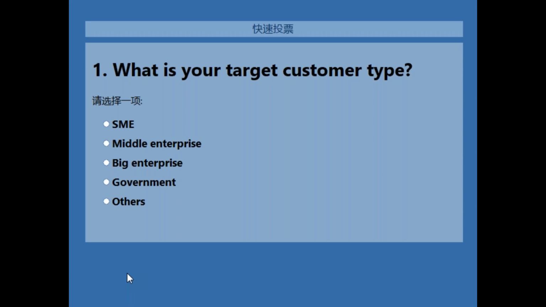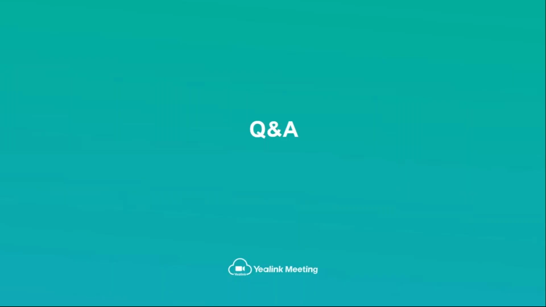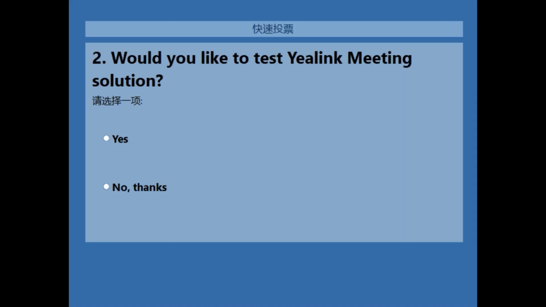The first question is, what is your target customer type? There are 5 selections. The second question is, would you like to test the Yealink Meeting solution? Yes or no?